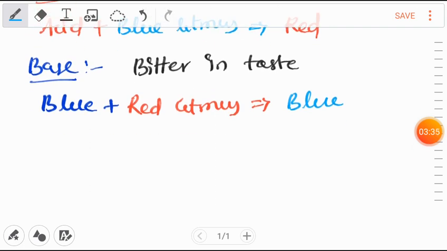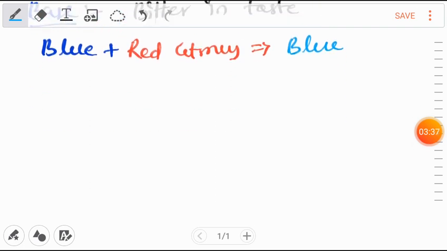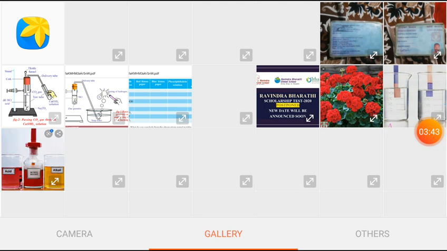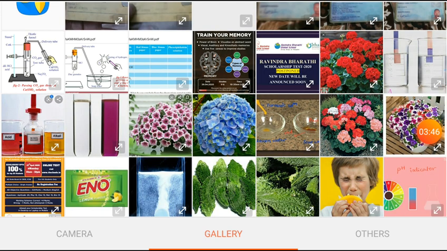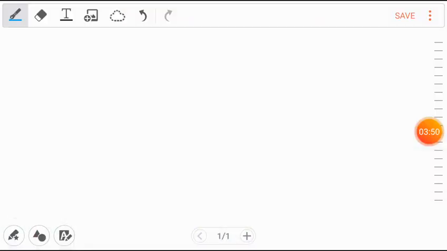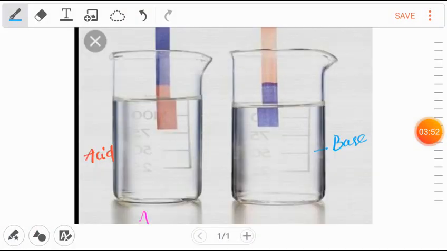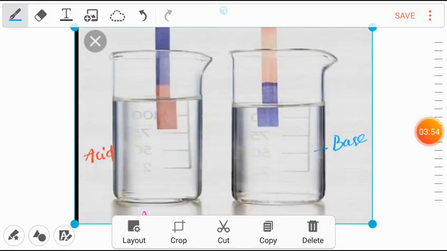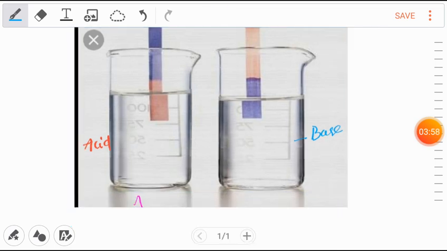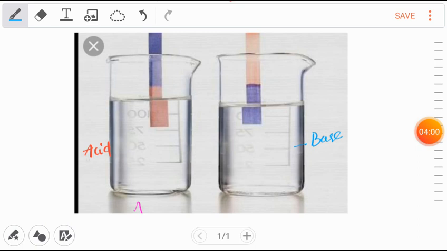Then we'll see an image to understand this clearly. See this one. What do you observe here?